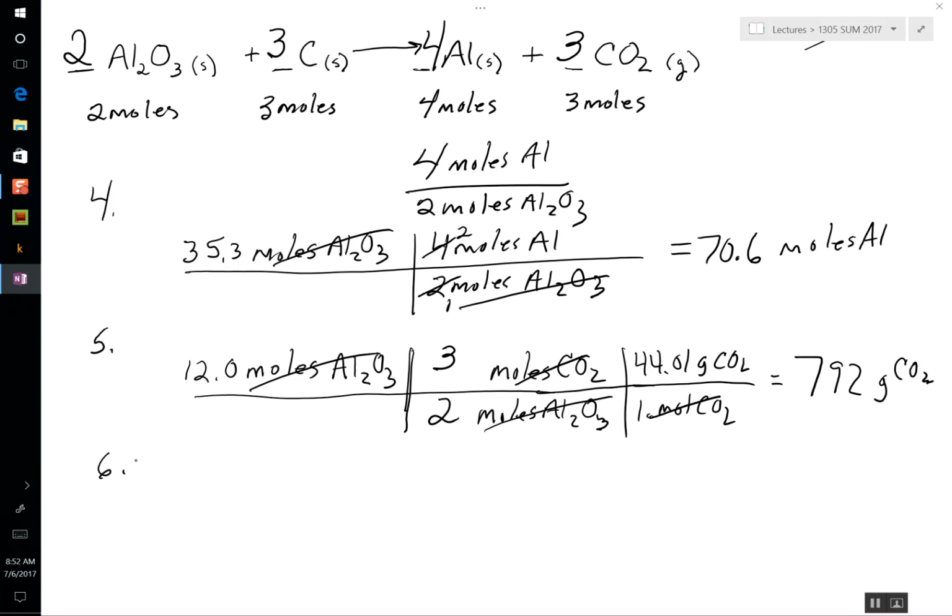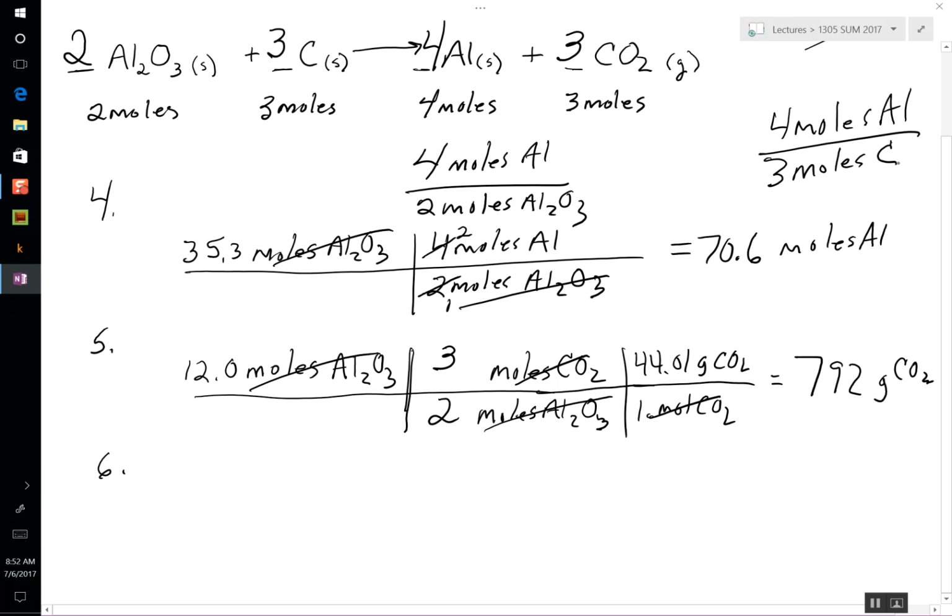You get 4 moles of aluminum for every 3 moles of carbon. That's the only thing I really know. You get 4 moles of aluminum for every 3 moles of carbon that react.